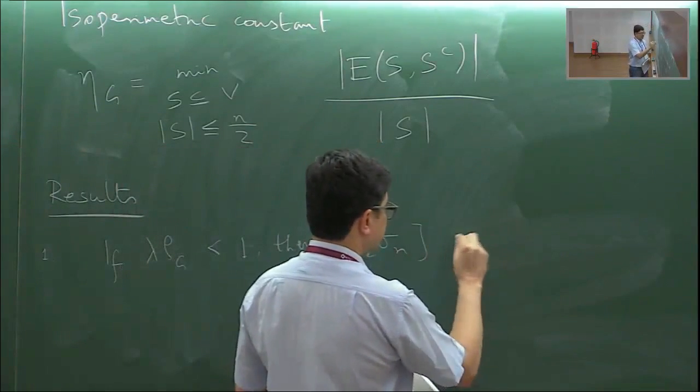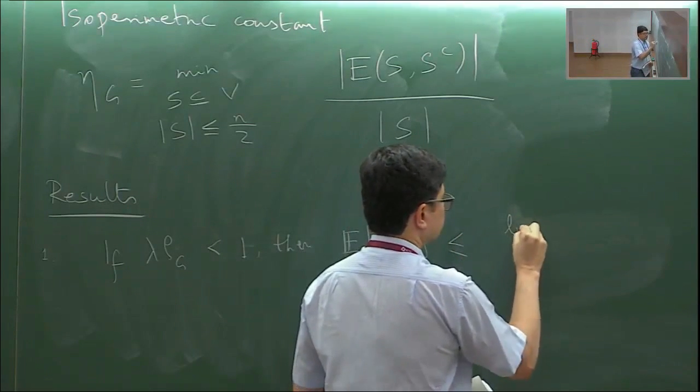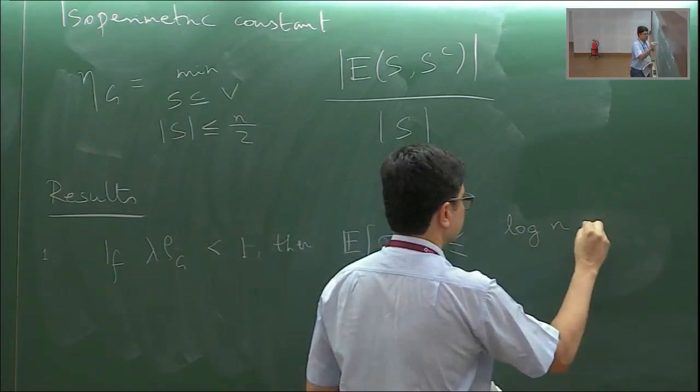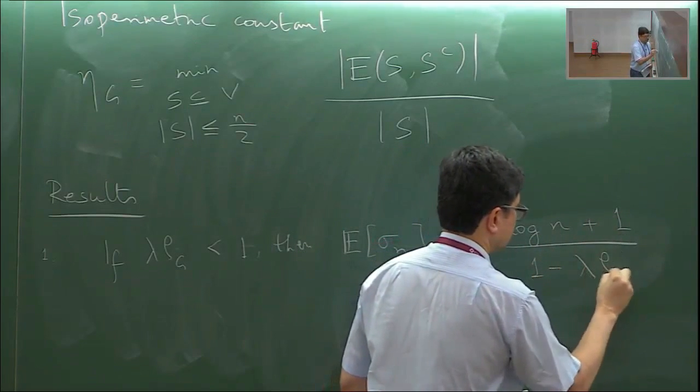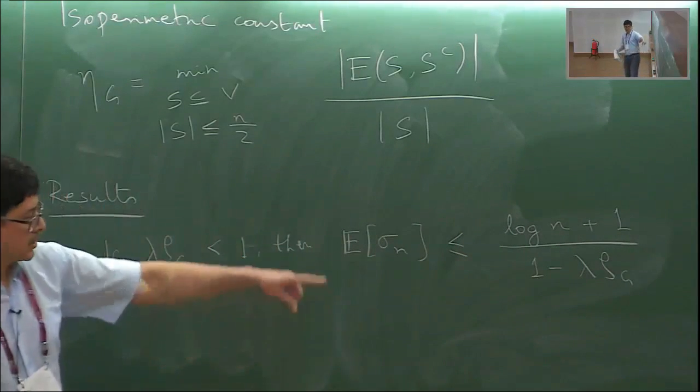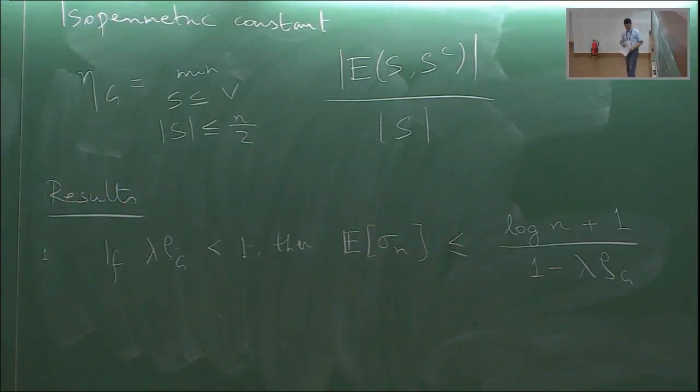The mean epidemic lifetime is bounded by some constant times log n. That's the main point: you have logarithmic lifetimes.